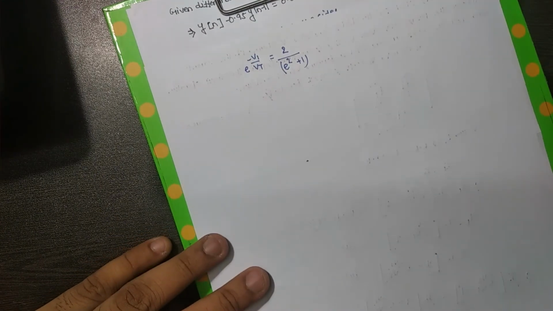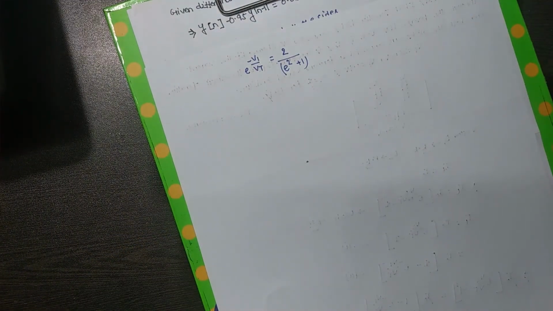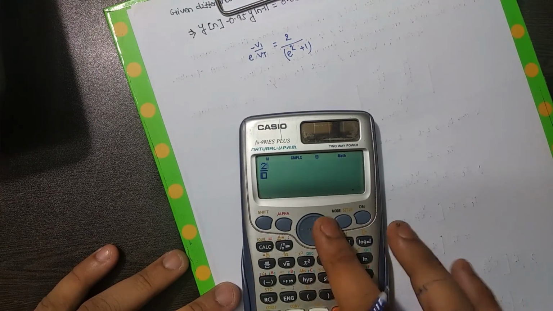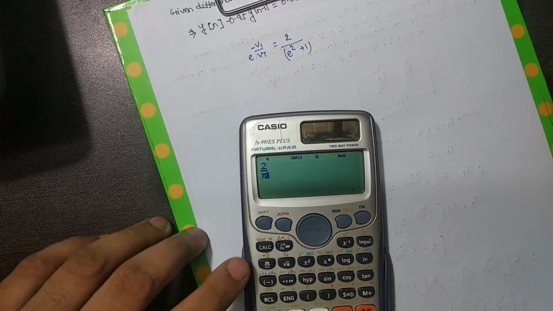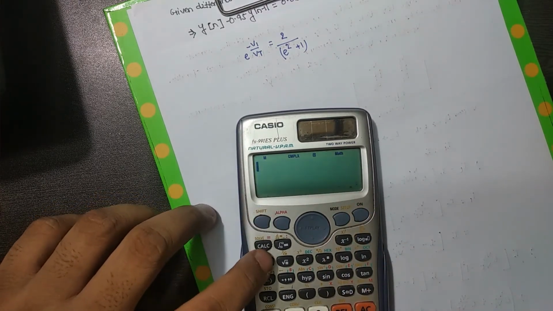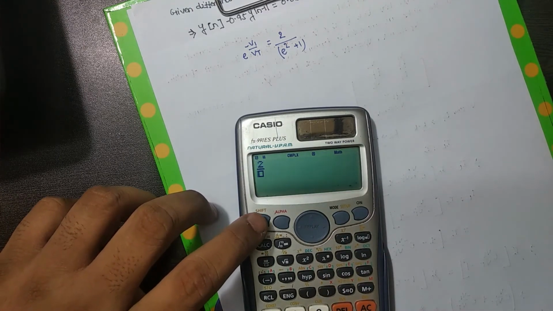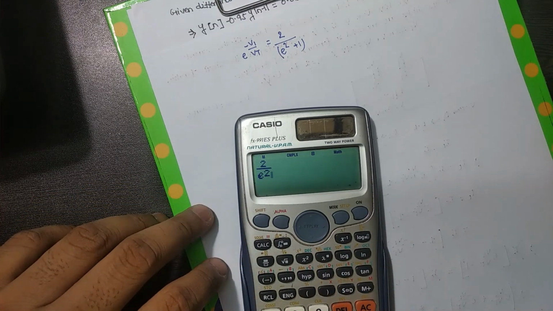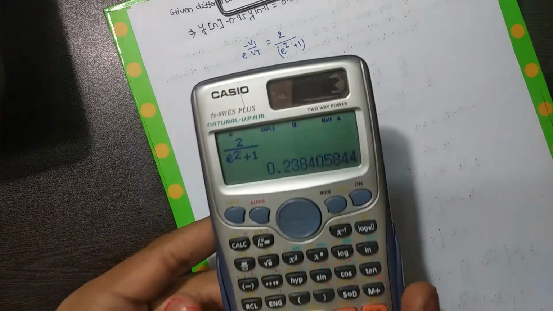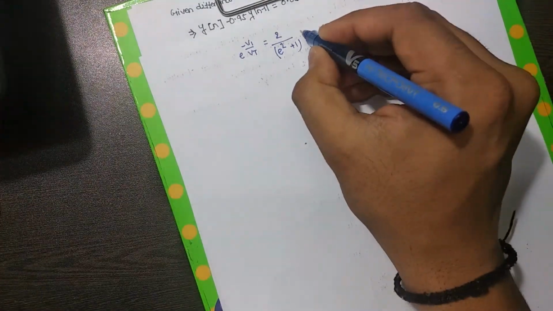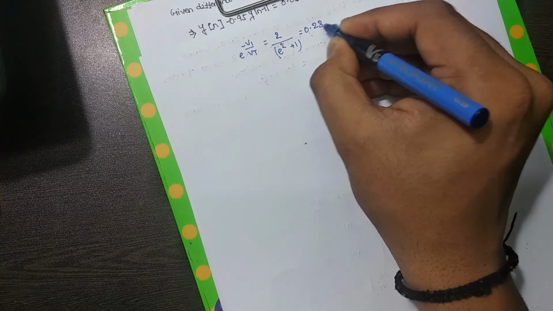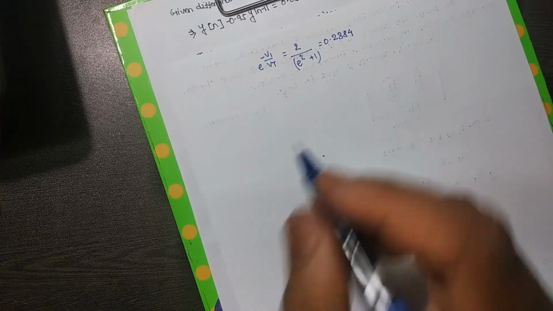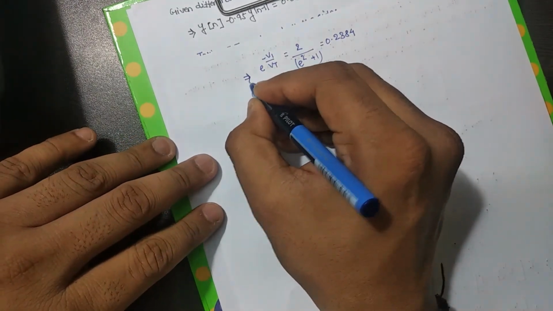Now on solving using the calculator, I am using the Casio fx-991ES, 2 divided by e square plus 1, I am getting 0.2384. So e to the power minus V1 by Vt is 0.2384.